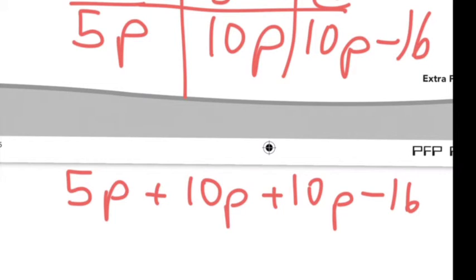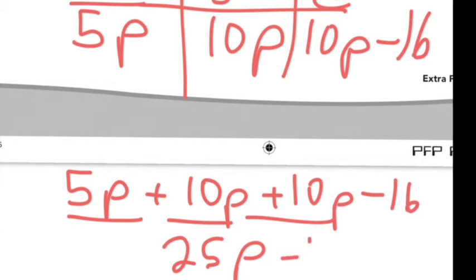So combine like terms. I have 5p, 10p, and 10p is 25p minus 16. And I'm going to put it in parentheses, and it says find the total number of croissants. So this is 25p minus 16, and it's going to be croissants. So you would have to write down croissants. That's your label.